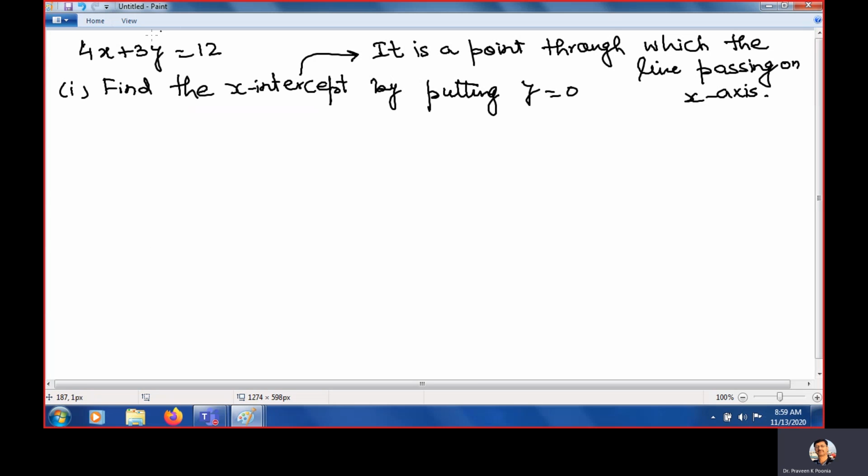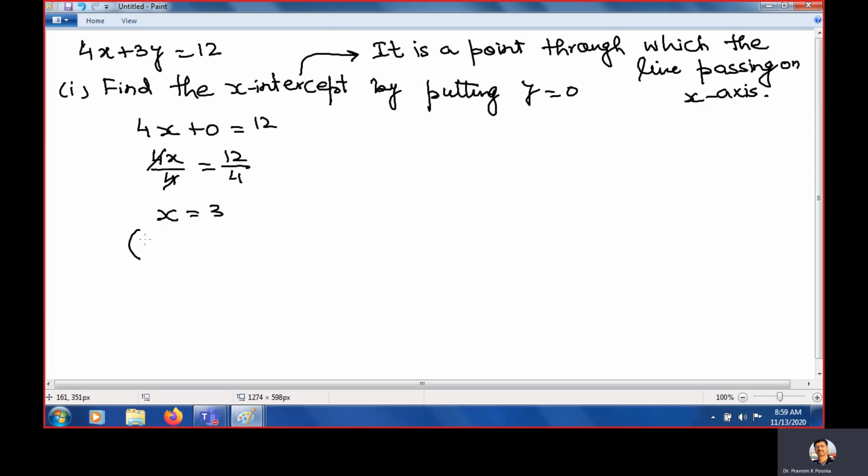Clear? So put y equal to 0, and if we put y equal to 0, what will we get? We will get 4x + 0 = 12. So divide by 4: 4x upon 4 is 12 upon 4. The 4 cancels, and x is equal to 12 divided by 4, which is 3.